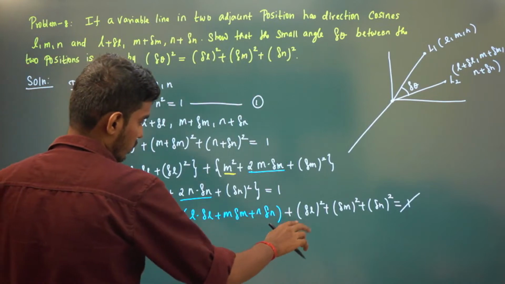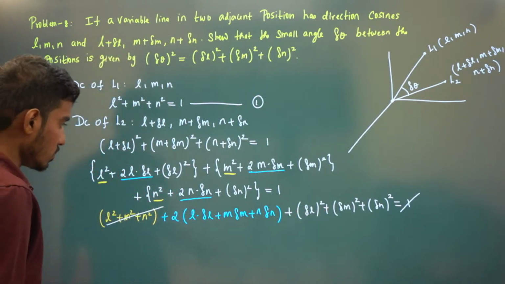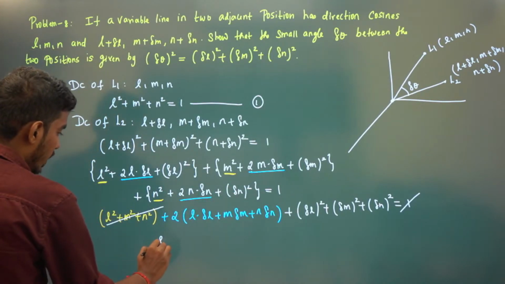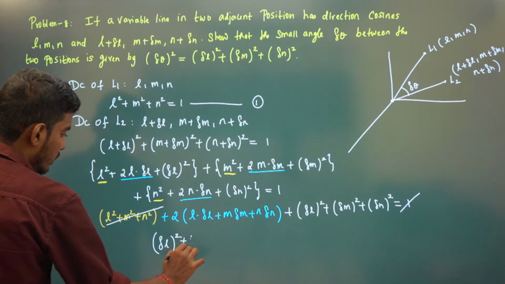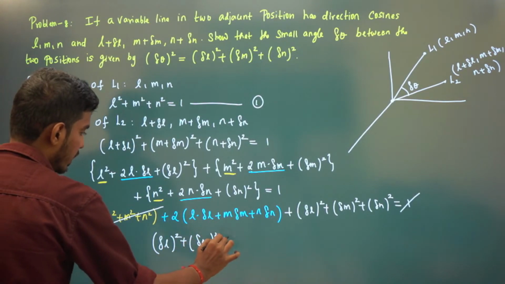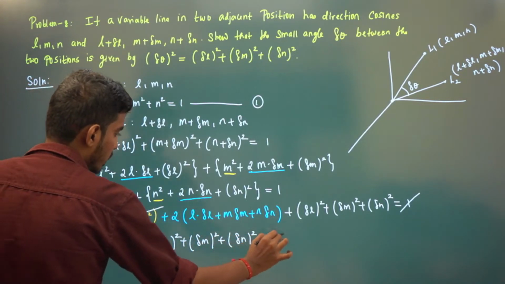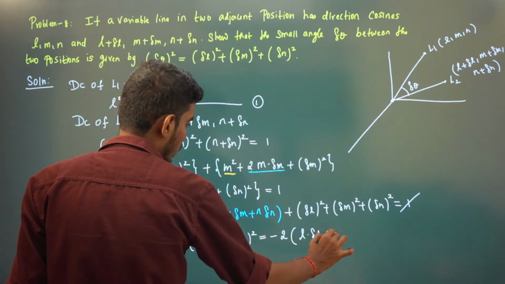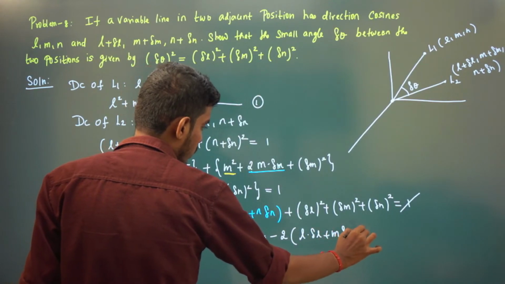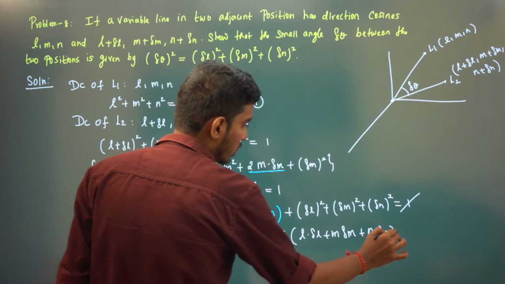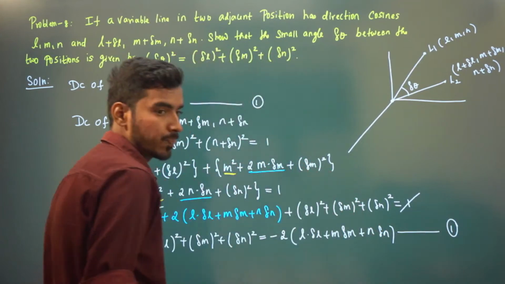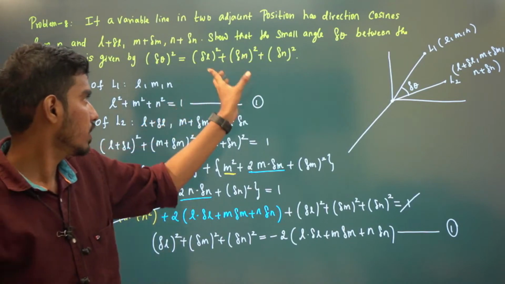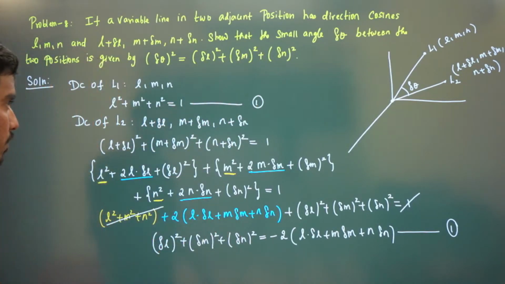So that means we have the value of delta L whole square plus delta M whole square plus delta N whole square is minus 2 times L into delta L, M into delta M, N into delta N, right? All this as equation number 1. We have found some relations, right? Let's call this as 1.